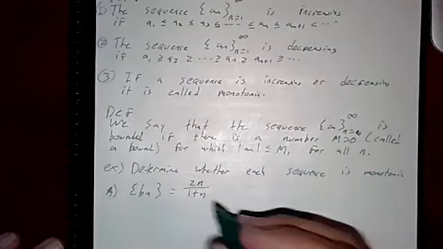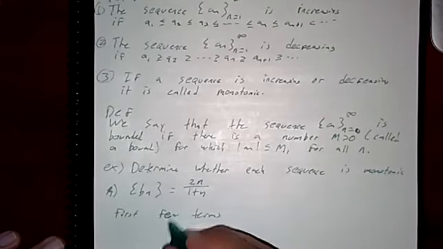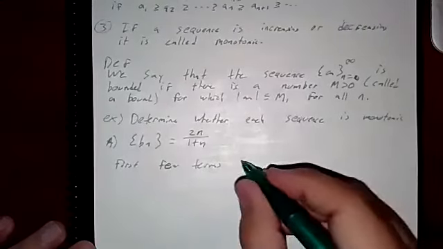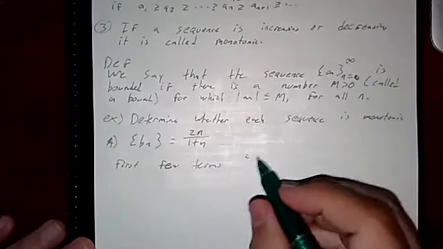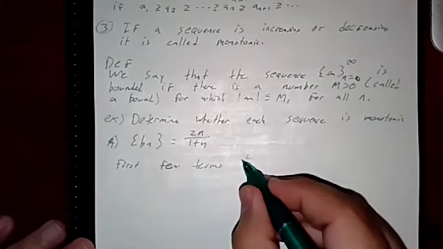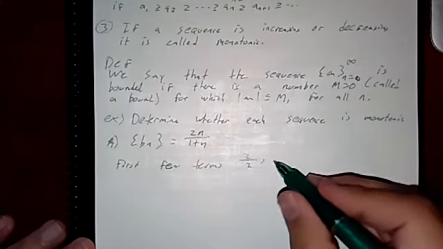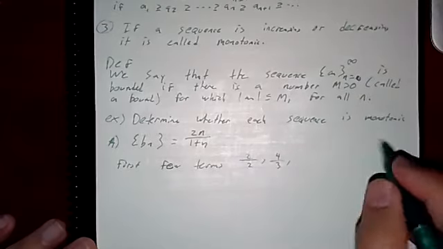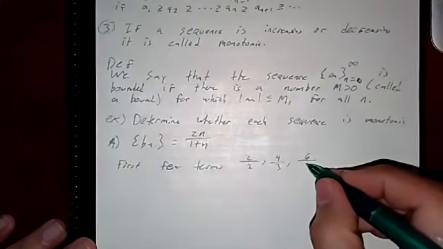Because if we take the first few terms, right? It looks like it is increasing, so let's plug in a couple: 1, 2, 3, 4. So 2 times 1 over 1 plus 1 is 2, right? The next one will be 2 times 2 is 4 over 3. Next one will be 6 over 3 plus 1, which is 4 over 4, or 3/2.